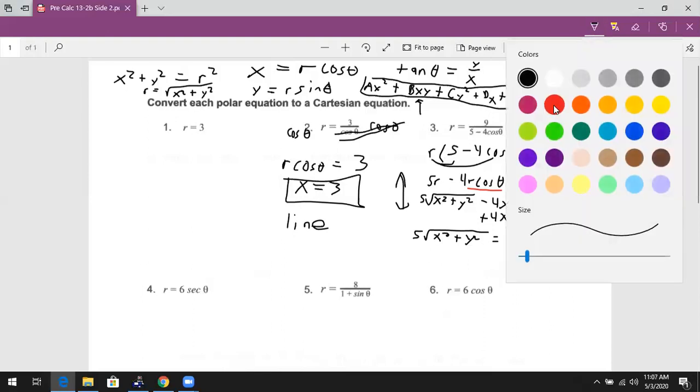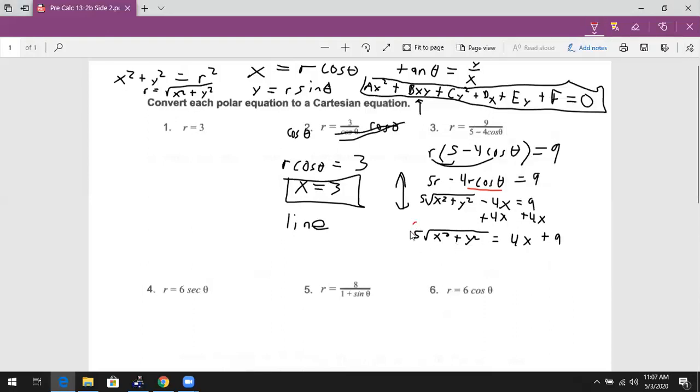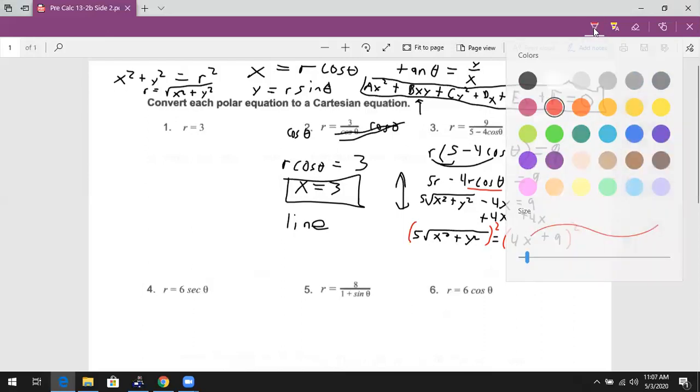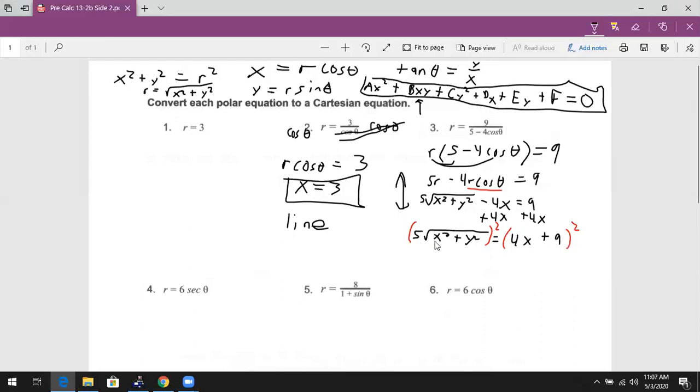Because what we do next is, to get rid of this square root, I'm going to square both sides. Square both sides. Now, when I square this side, I got to square the 5, and that gives me 25. I'm going to square the square root, and that just gives me what's under it.